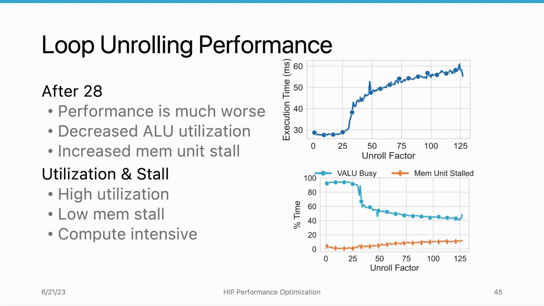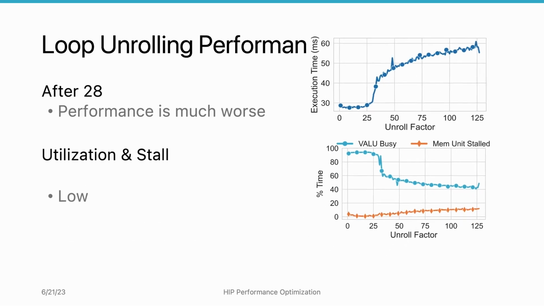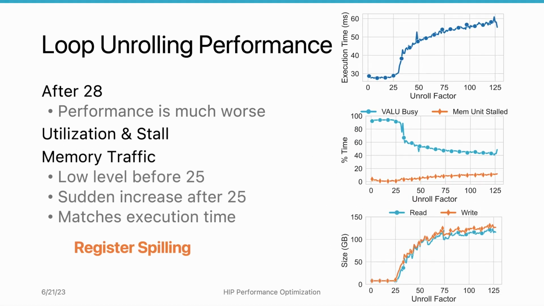So what can be the reason for the sudden drop in the VALU busy percentage of time? We still run the ROC profiler, and we look at the amount of data that is read from and written to the memory. Before 25, the value is very stable, but after 25, we see a lot of reads and writes going into the main memory. This is because of register spilling.